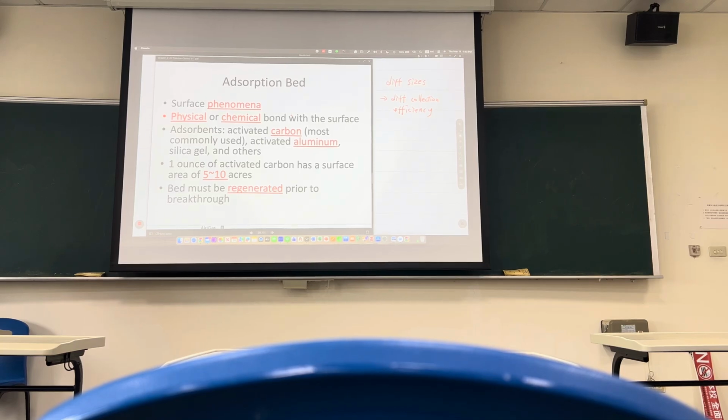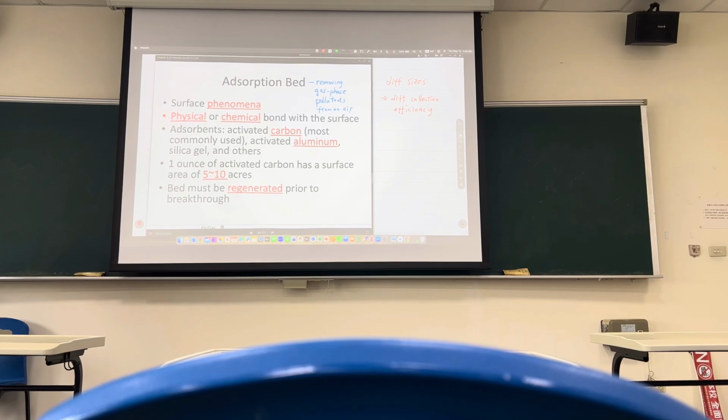It's good for removing gas phase pollutants from the air or any gas stream.